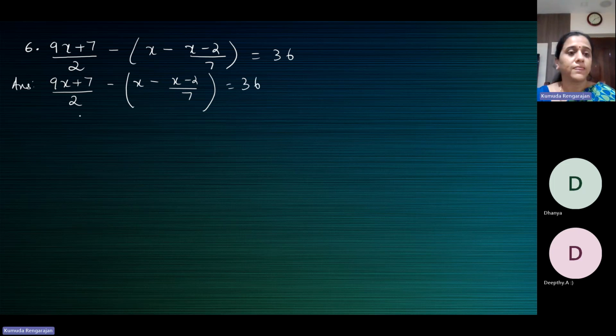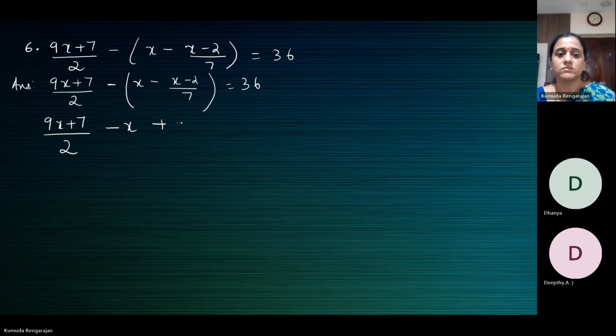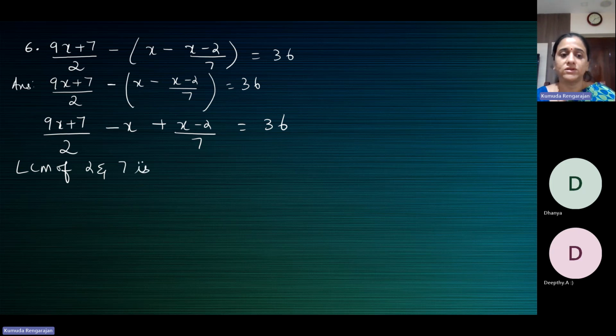All right. So 9x plus 7 by 2 as it is. Open the bracket, minus x plus, x minus 2 by 7 equals 36. Now the LCM of 2 and 7 is 14.